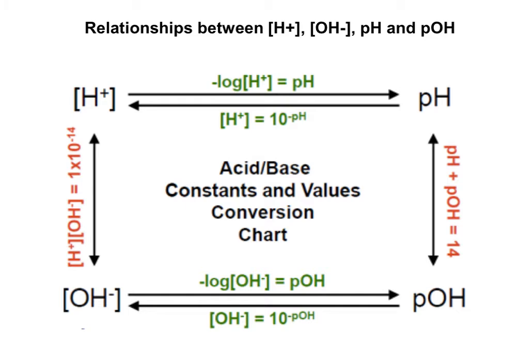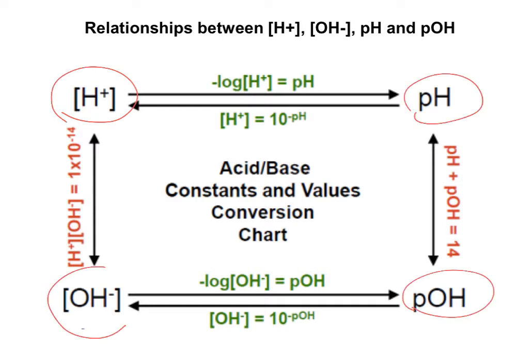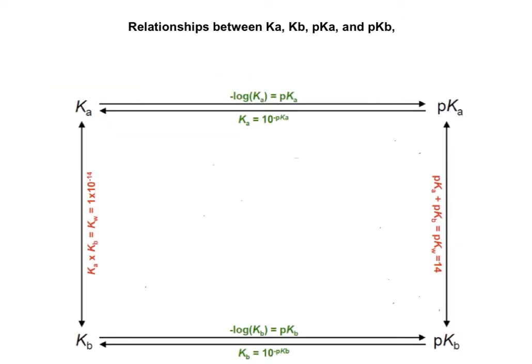This handy dandy chart, which I love, shows you that with any one of these four values we can use math to get to any of the other values using the formulas that are given above or below the arrows. And in a similar way, we can do the same thing with Ka, Kb, and pKa and pKb.